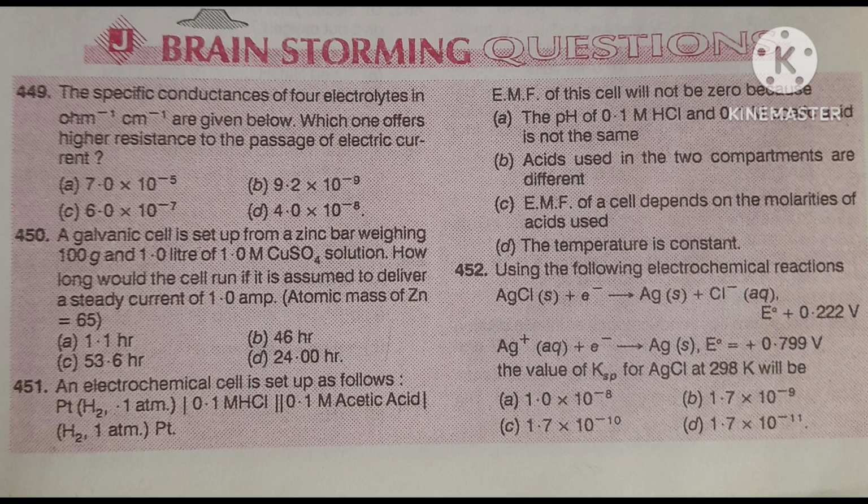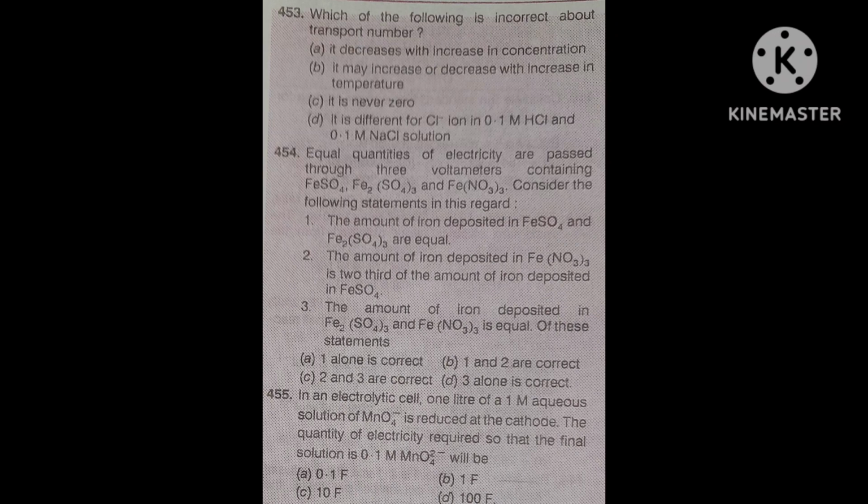If you subtract the second equation from the first equation, you will get AgCl giving Ag plus and Cl minus, and standard E will be equal to minus 0.577 volt.